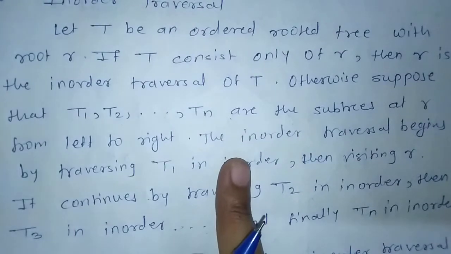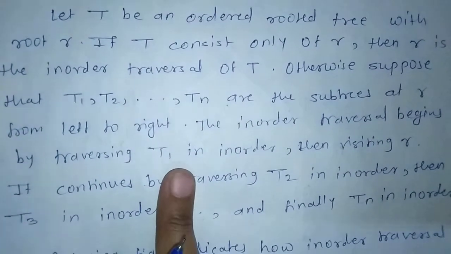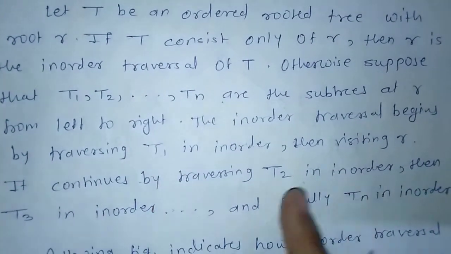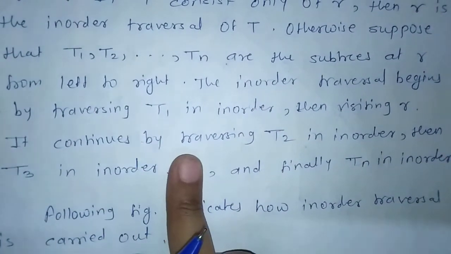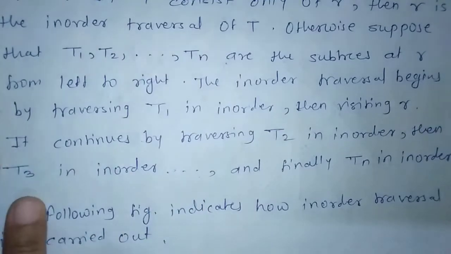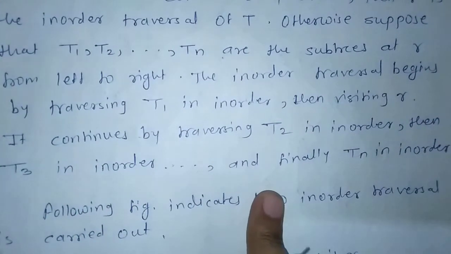The inorder traversal begins by traversing T1 in inorder, then visiting R. It continues by traversing T2 in inorder, then T3 in inorder and so on, and finally Tn in inorder.